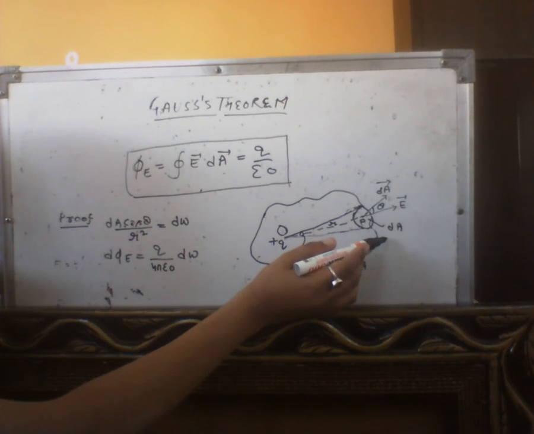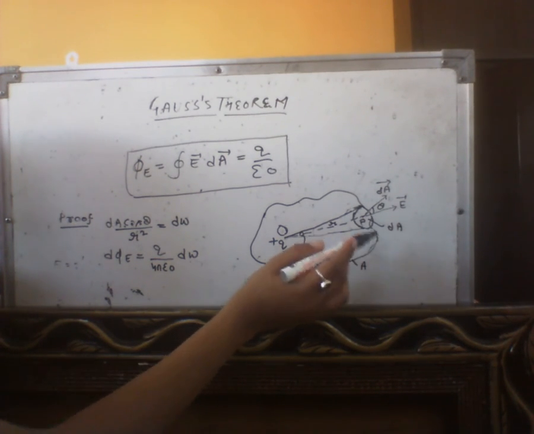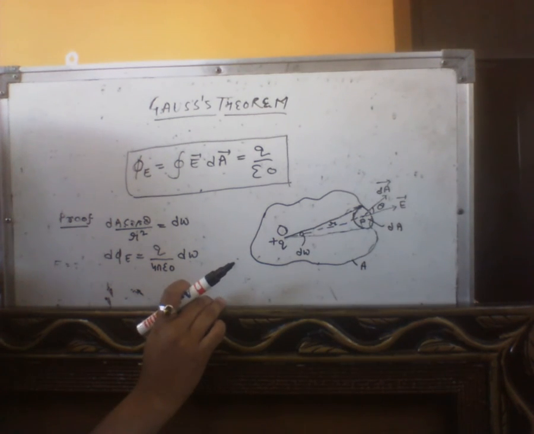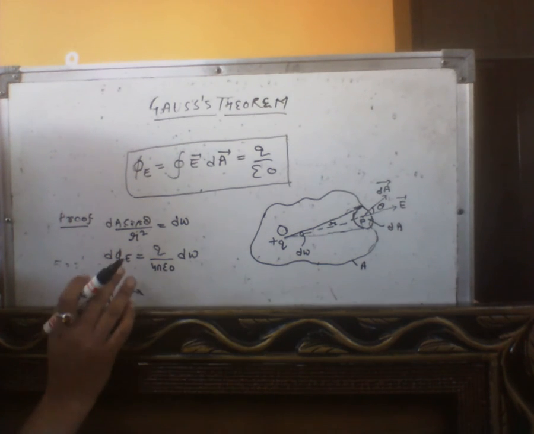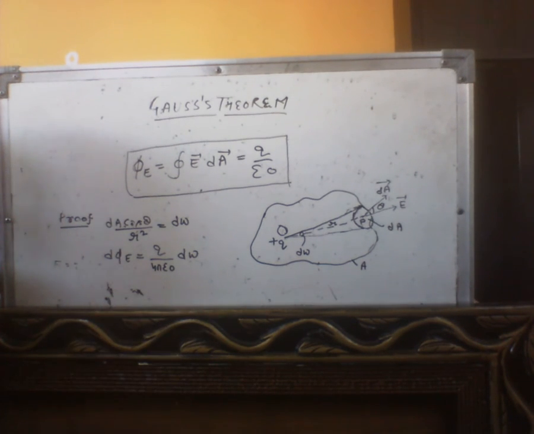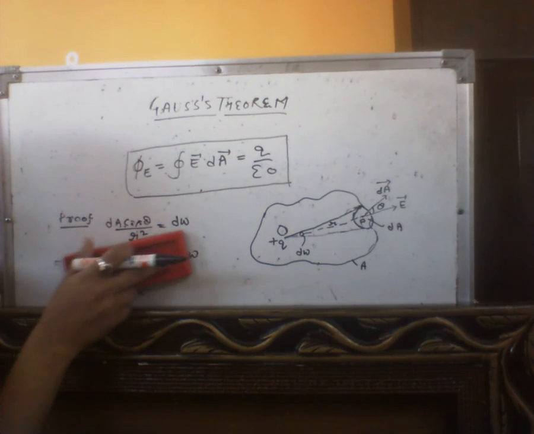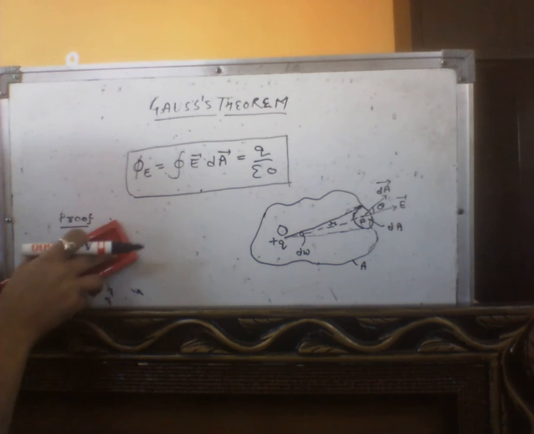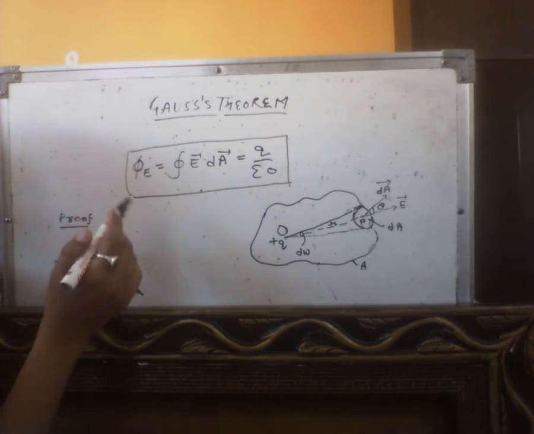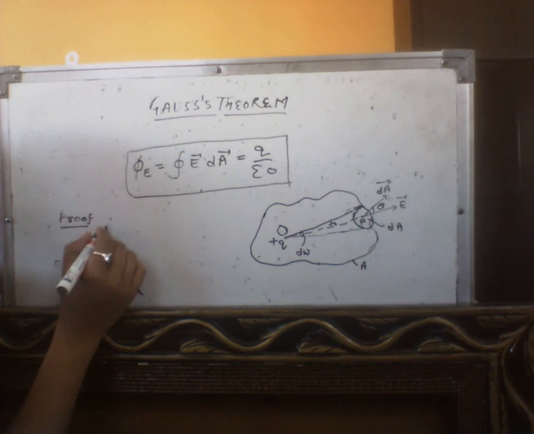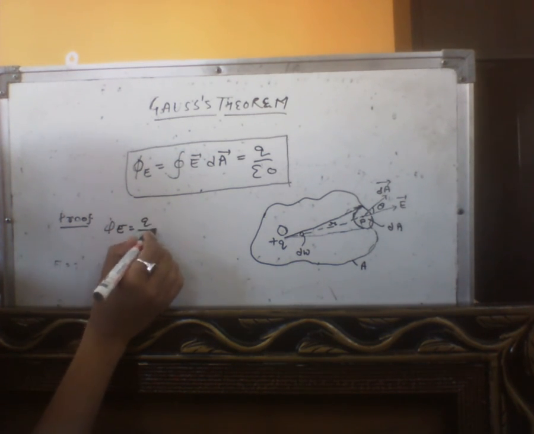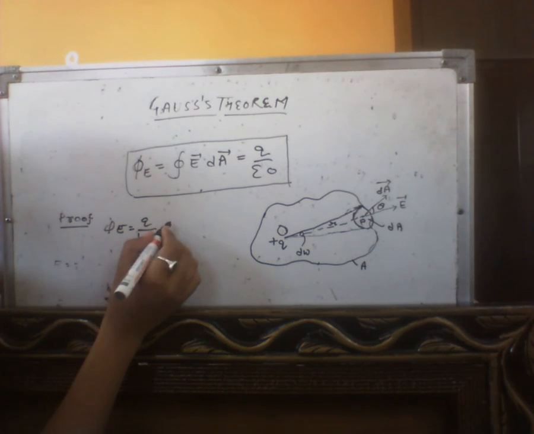Now we want to calculate the total flux emerging out from this surface. Then what we have to do? We have to go for integration of this d phi E. For calculating the total flux, we will integrate it, or we can write it as phi is equal to q upon 4 pi epsilon naught integration d omega.